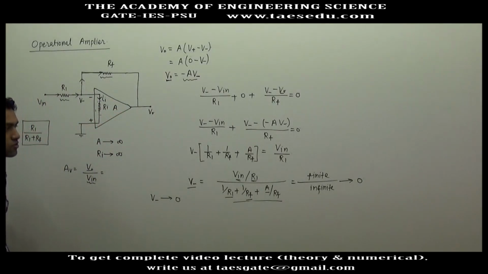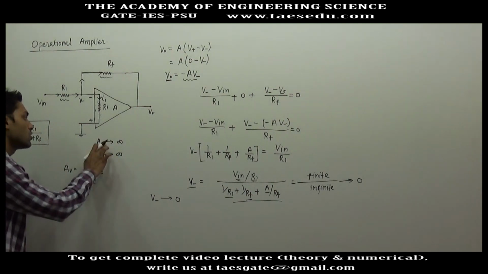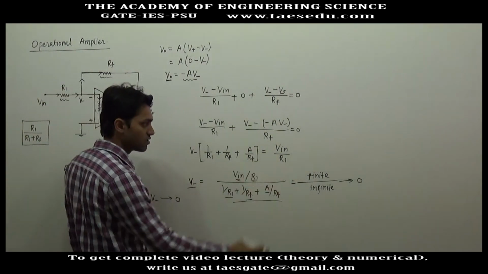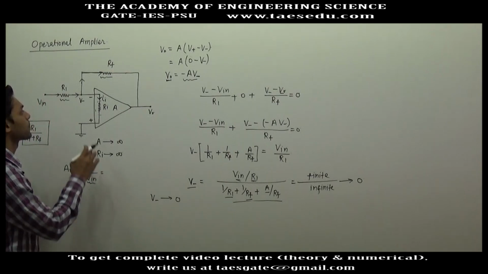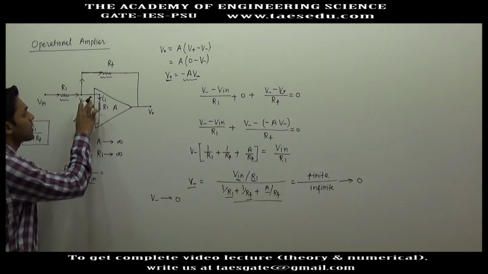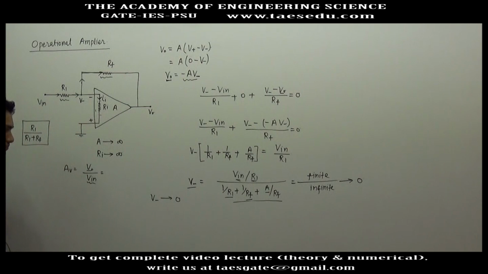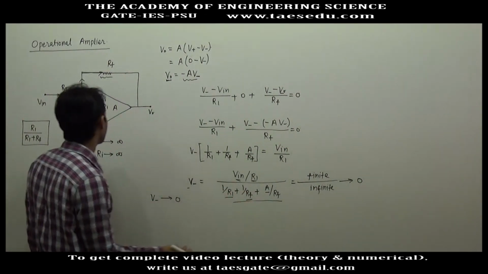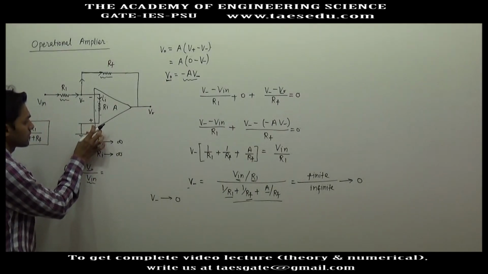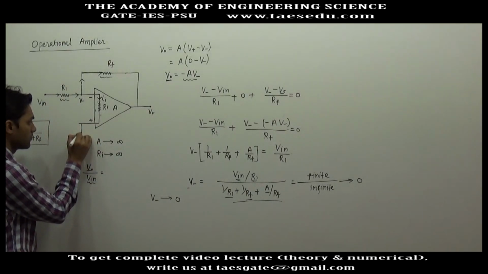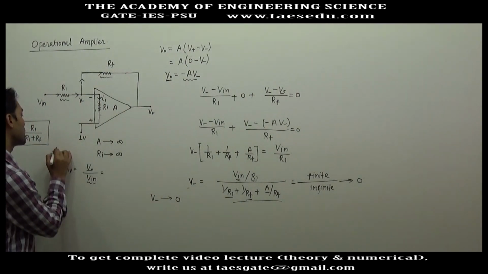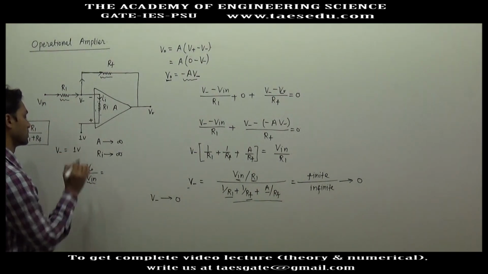So if this operational amplifier is non-ideal, meaning the open loop gain does not tend to infinity, in that case V minus will not tend to 0, or we can say V minus will not be equal to V plus. Here we are getting V minus as 0. If we had taken this voltage as 1 volt, then we would have got V minus as 1 volt only.